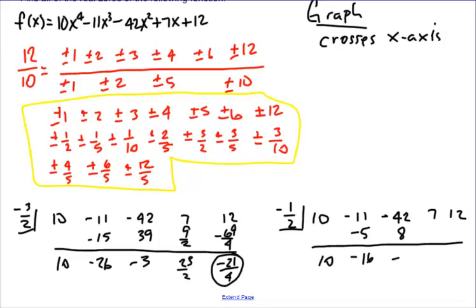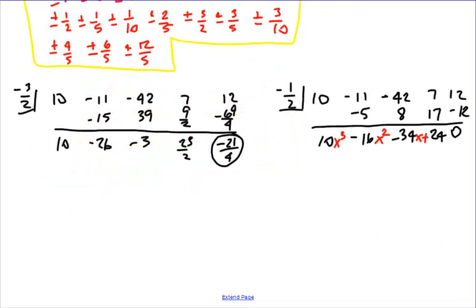And that would be negative 34, which would be 17, which is 24, which is negative 12, and we get a 0. So what we've got now is 10x cubed minus 16x squared minus 34x plus 24.